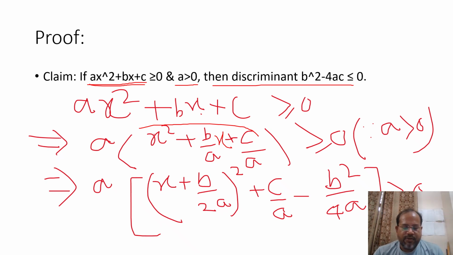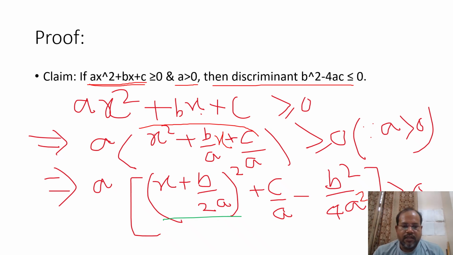To make the balance, if you open this bracket, what do you get? The first term is x square, which is clearly seen, plus the second term, which is b square divided by 4a square. So to make it balance, since we have added this, we subtract b square by 4a square.